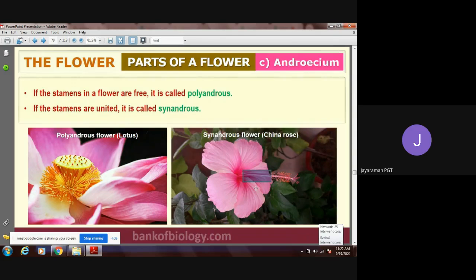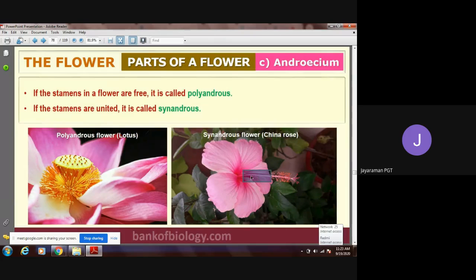When you open the shoe flower, you can also do it as a practical. If you have the shoe flower, I can open it and see all the structures: androecium, gynoecium, petals, sepals like this. Actually, the style runs inside this tube where I marked here.